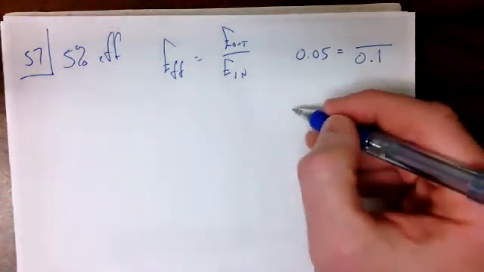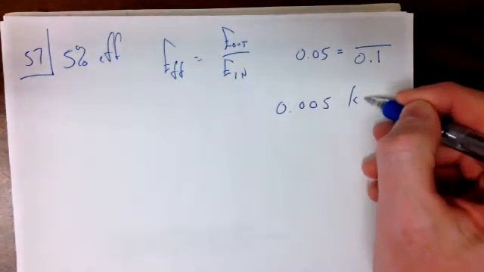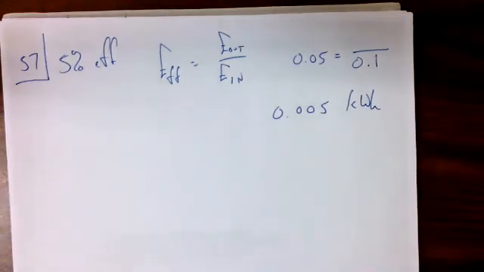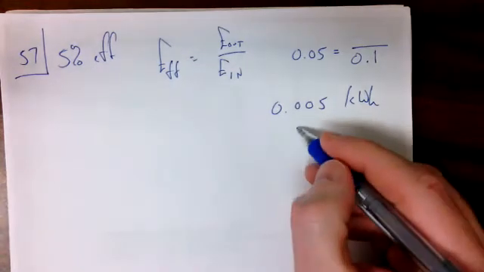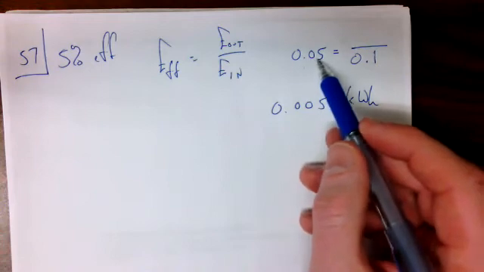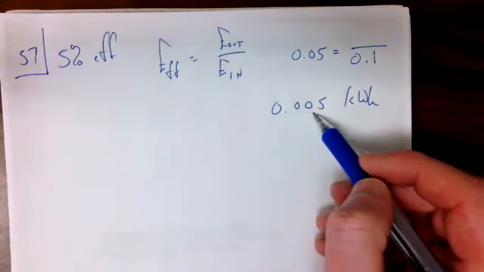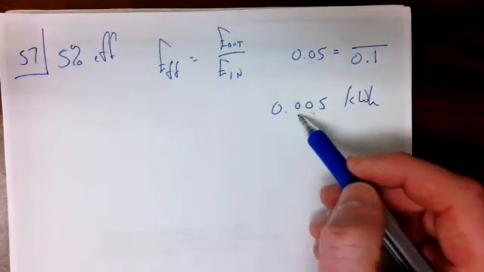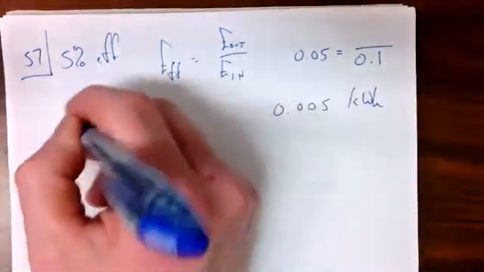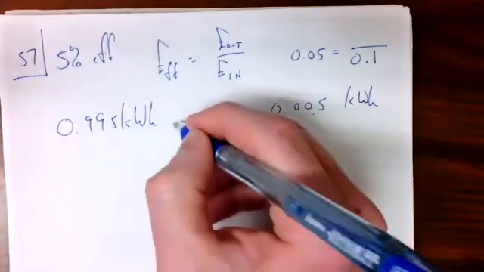So the energy that you're getting out would be 0.005 kilowatt hours. If we change this to 95, because that's what's kind of staying in, or just subtract this to find the difference, it'd be 0.095 as waste.